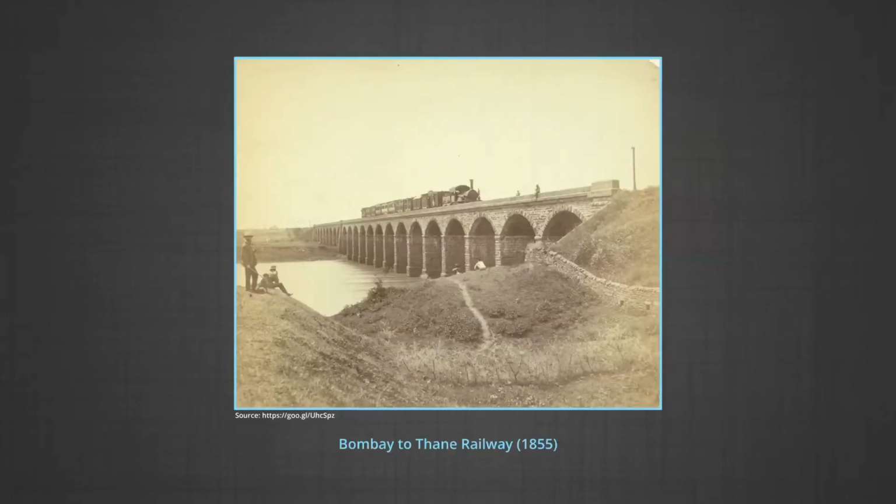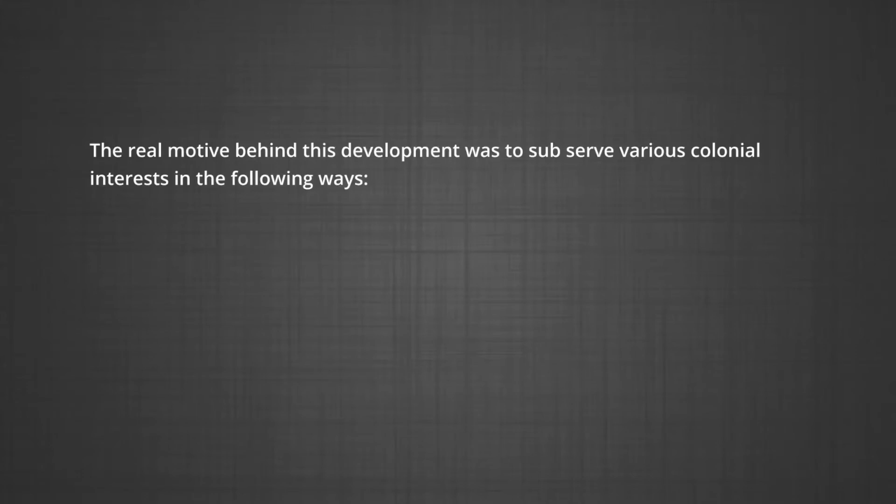The railways played a major role in national integration, as it did enable people of India to undertake long distance travel and thereby break geographical and cultural barriers. However, the real motive behind this development was to subserve various colonial interests in the following manner.